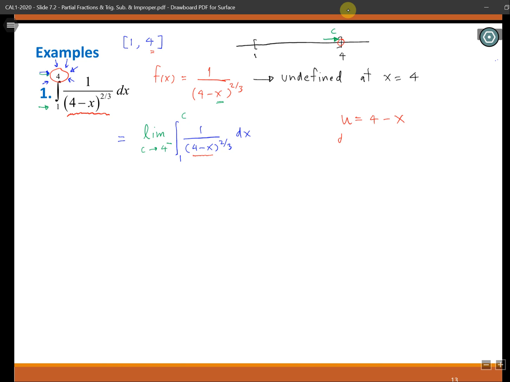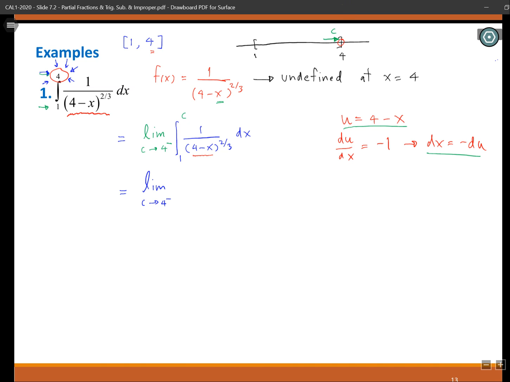So du by dx equal to minus 1. I just differentiated that. And here I have dx equal to minus du. So at this point, all I need to do is to substitute this and this back into the integral. So let's see what happens. Alright, the limit is still the same, nothing changes.